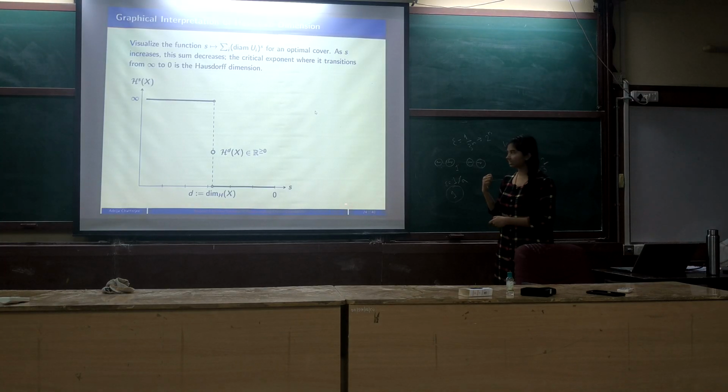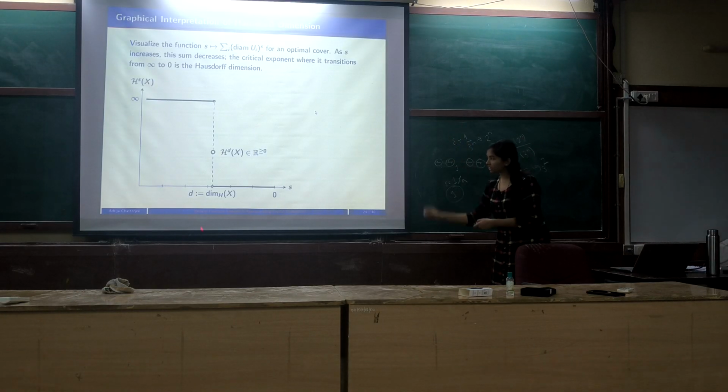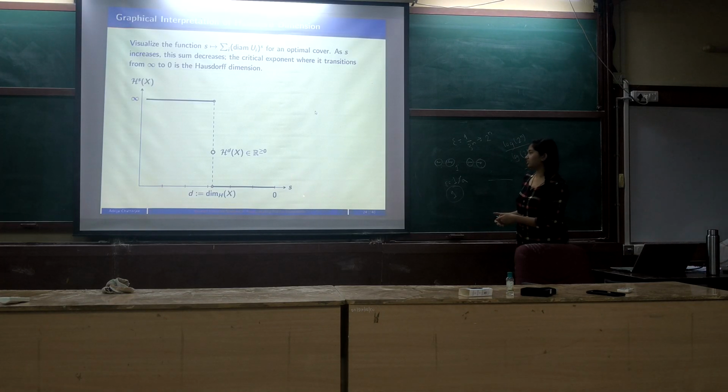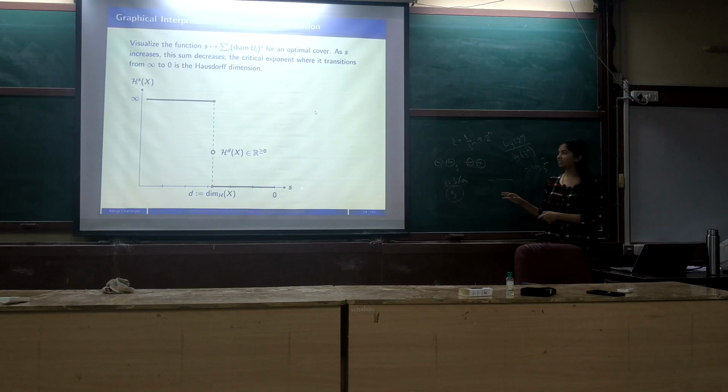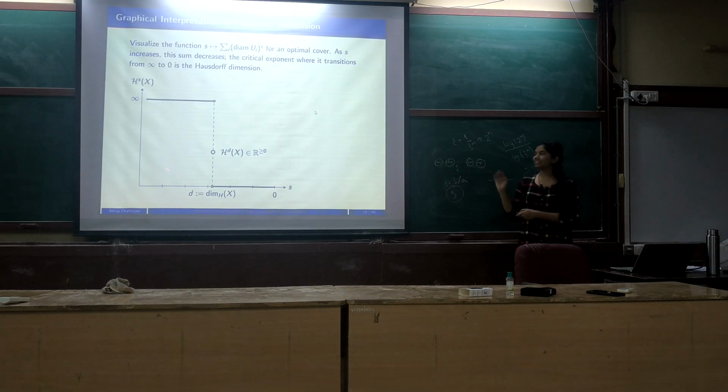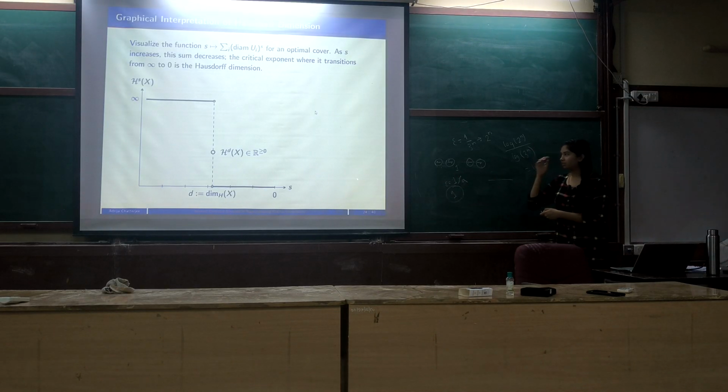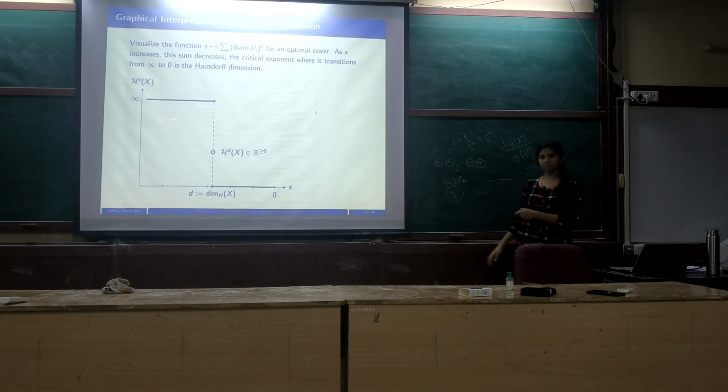Otherwise it starts off at infinity, at a point it jumps down to 0 with a point of discontinuity in between, and then it's constant all over this. Well, I do have a proof for this, but I won't go into it as it's not very relevant to the topic. But this dimension D at which there is a point of discontinuity is the Hausdorff dimension of a set.